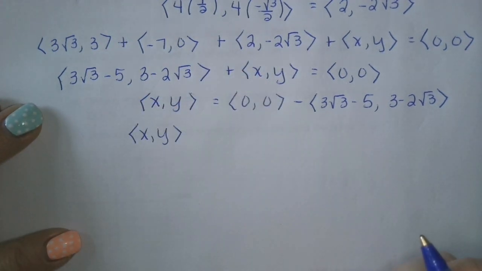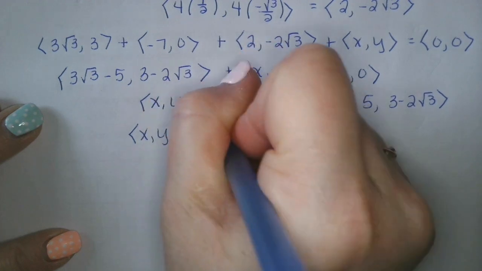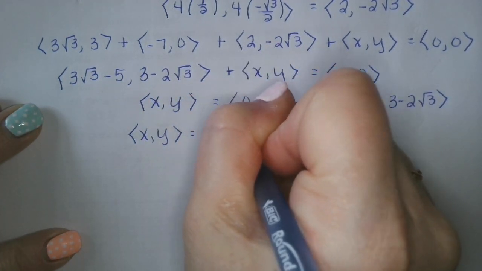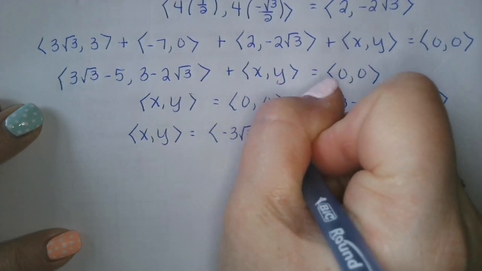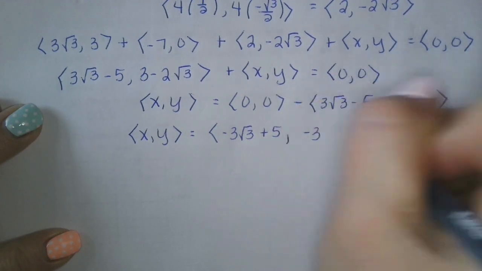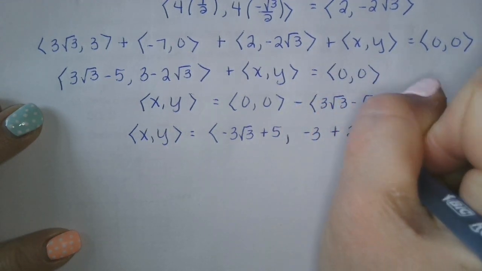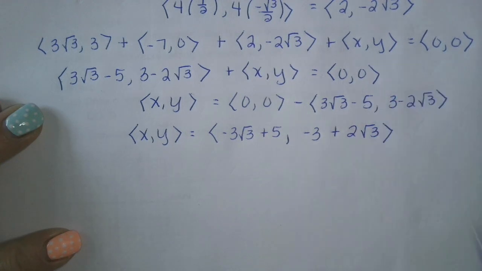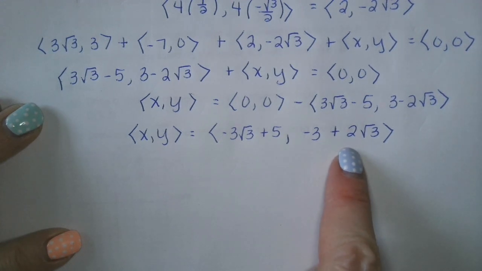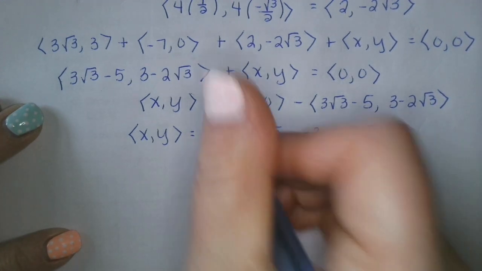Xy then is equal to negative 3 square root 3 plus 5 and negative 3 plus 2 square root 3. We certainly could turn these into decimals if we want a more rounded answer.